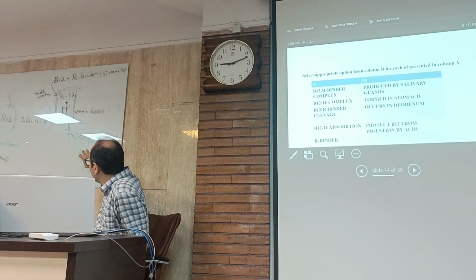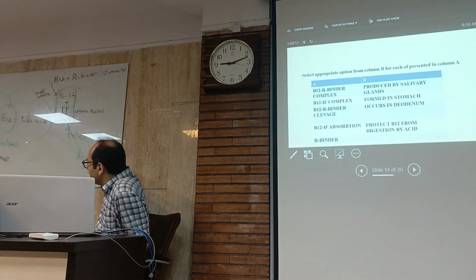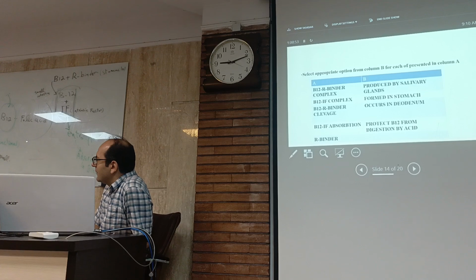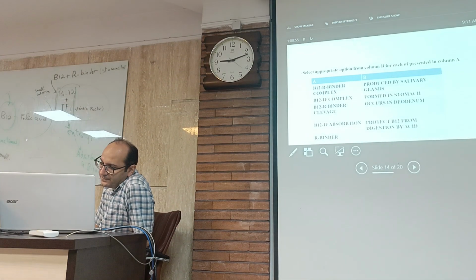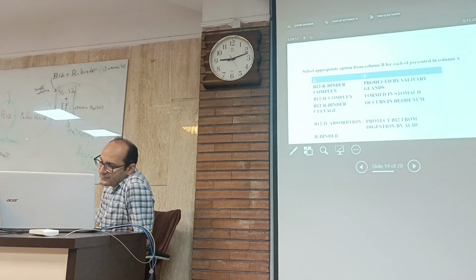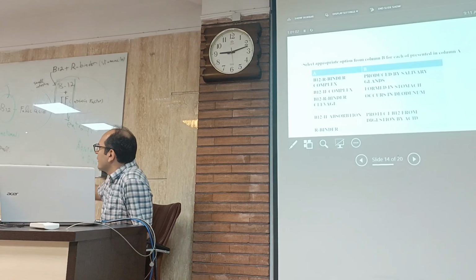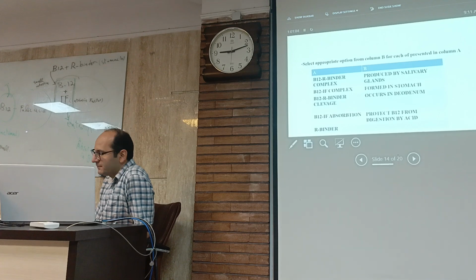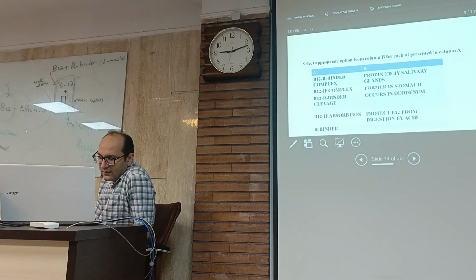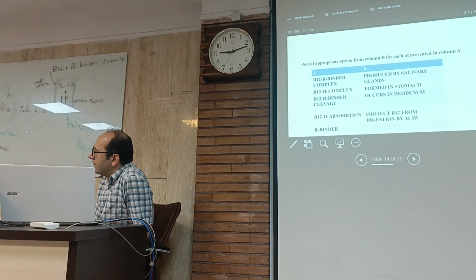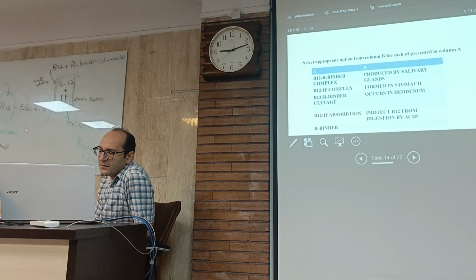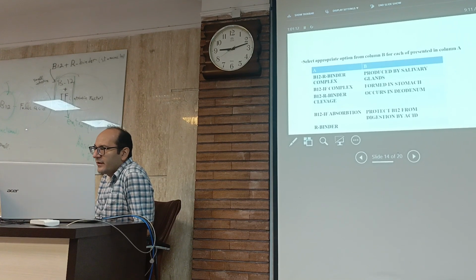B12 intrinsic factor absorption again occurs in the duodenum, because the duodenum is part of the small intestine. And finally, R binder. Yes, produced by salivary glands.